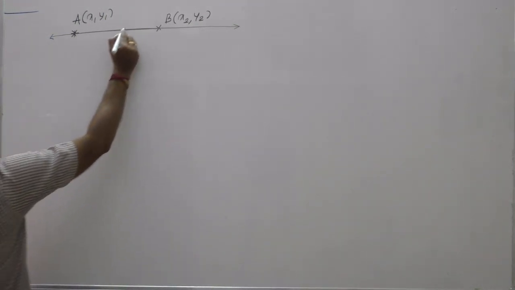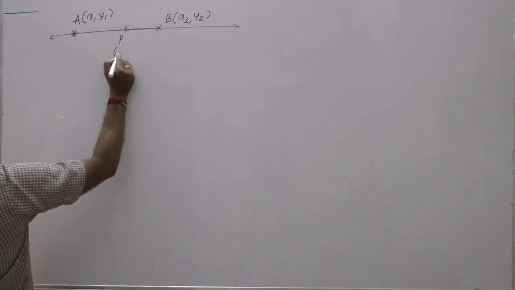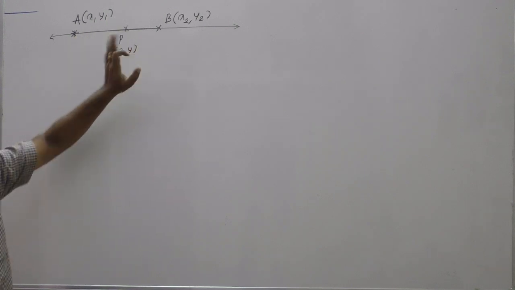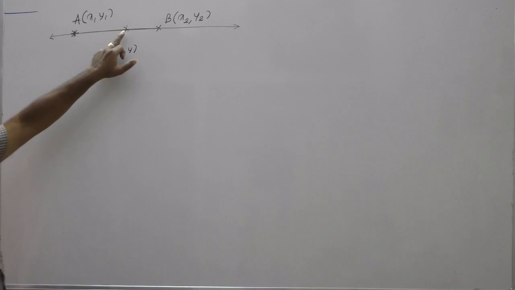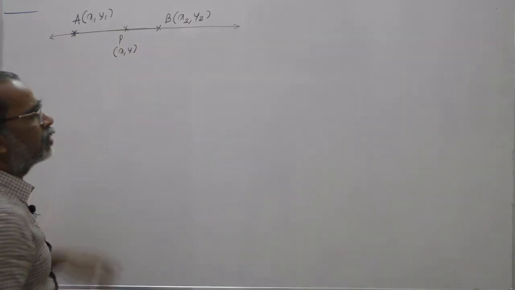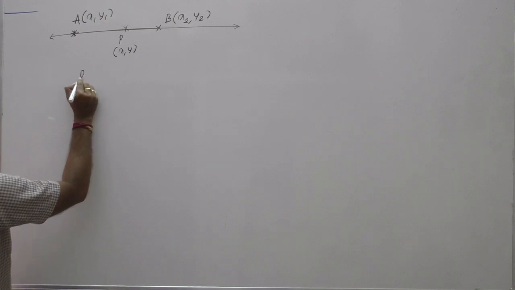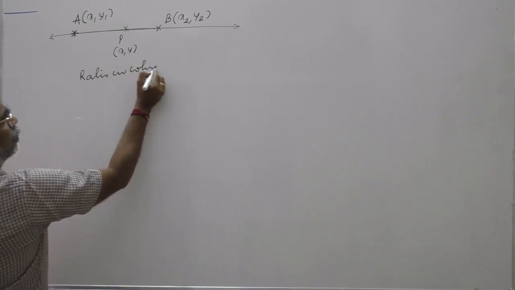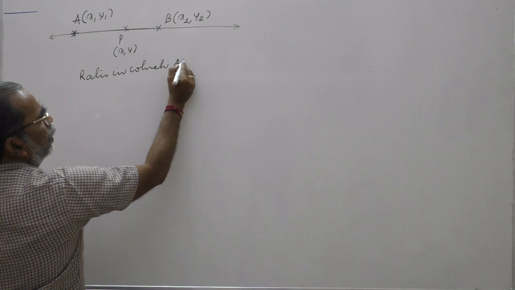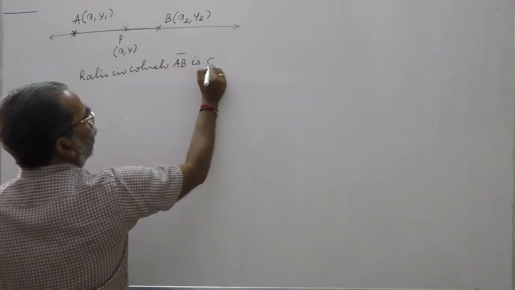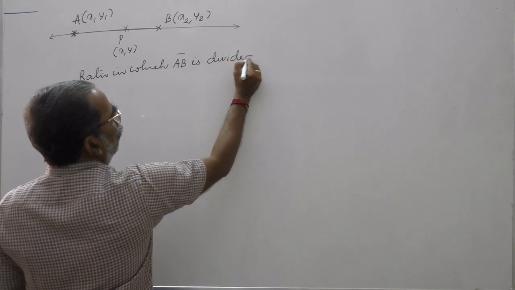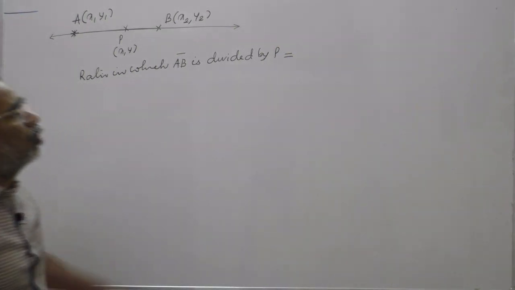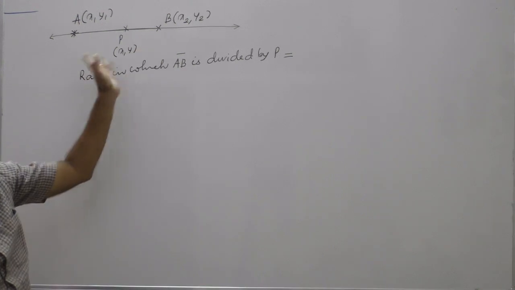If a point capital P is collinear with this, lying on line AB, it can lie anywhere, outside or inside, then we find the ratio in which the line segment AB is divided by point P.